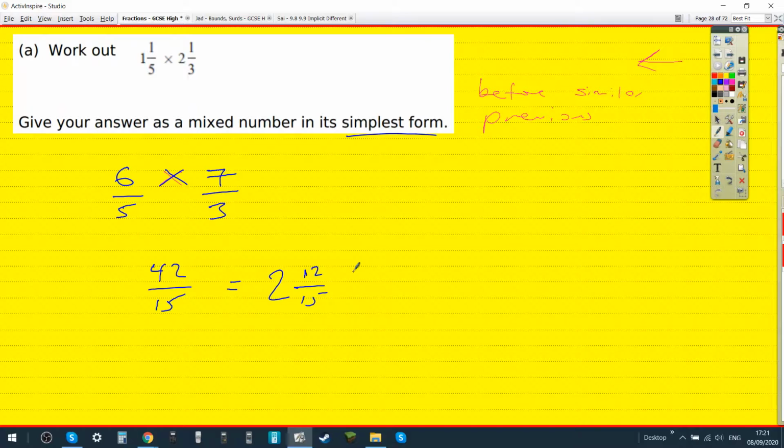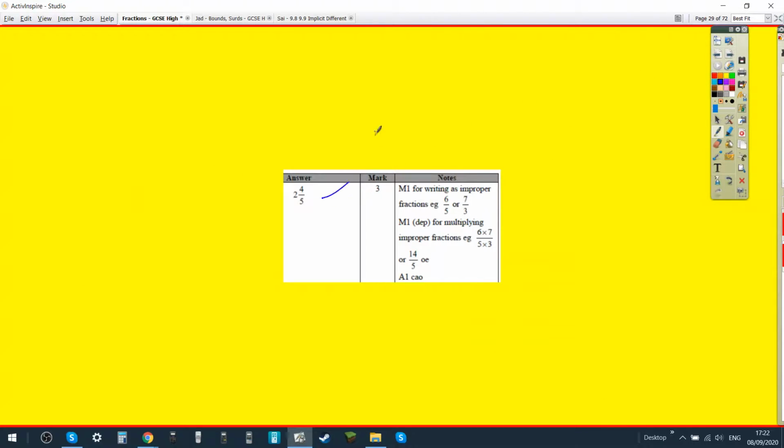Yeah, it is. 12 over 15 can be simplified. Oh, to 4 over 5. 2 and 4 over 5.